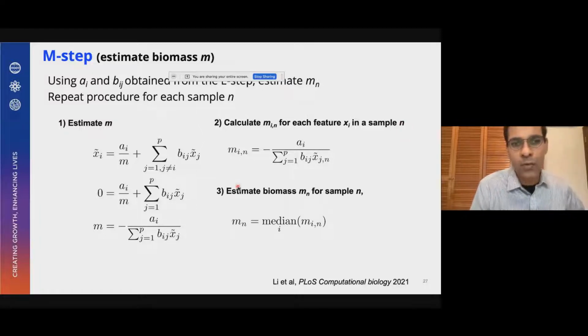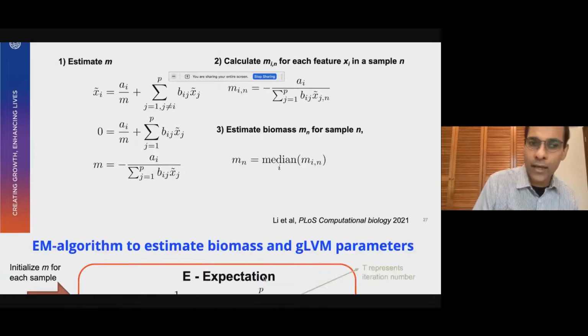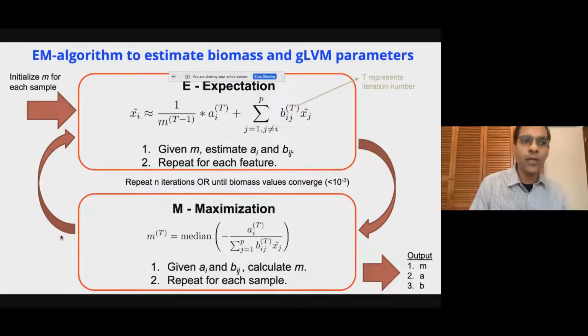And then you just have to take a robust estimator. And this is always the case when you have noise and the model does not perfectly capture the dynamics of the data that you have. So we have a robust solution which is based on the median. And as I suggested earlier, you can use this EM algorithm that goes back and forth between regression for the model parameters and just directly estimating the biomass term.